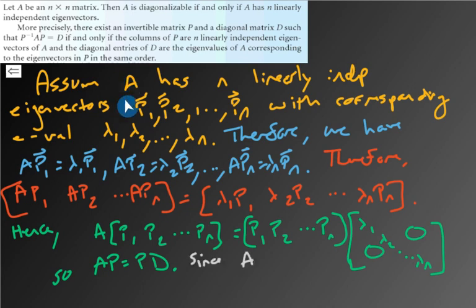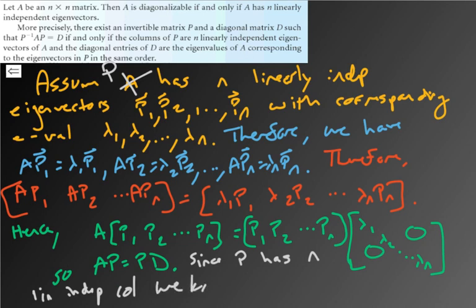I just started writing and I noticed I wrote the wrong thing up here. I wanted to assume not A, but P, right? If you look at what we're proving in this direction, assume P has n linearly independent eigenvectors. Therefore, I can say down here, not since A has it, but since P has n linearly independent columns, because that's the more important part, we know by the fundamental theorem of invertible matrices that P inverse exists.